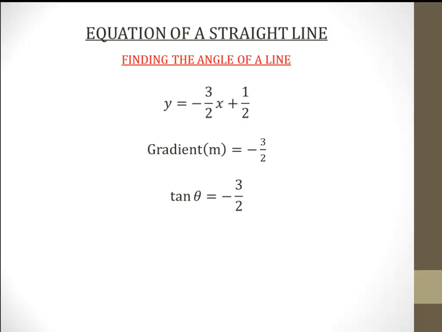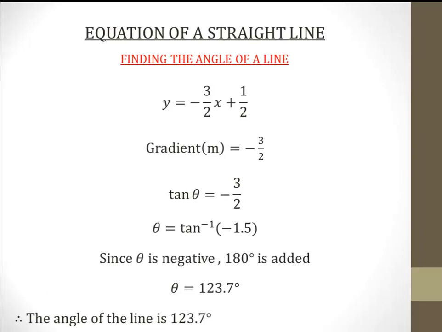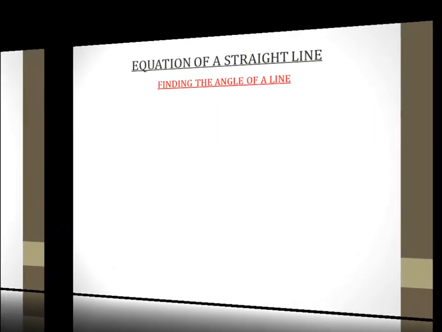Therefore, we take the tan inverse of negative 1.5, and that gives us theta to be equal to 123.7 degrees. Therefore, the angle the straight line makes with the positive x-axis is equal to 123.7 degrees.